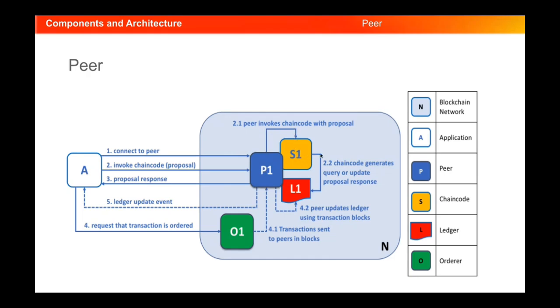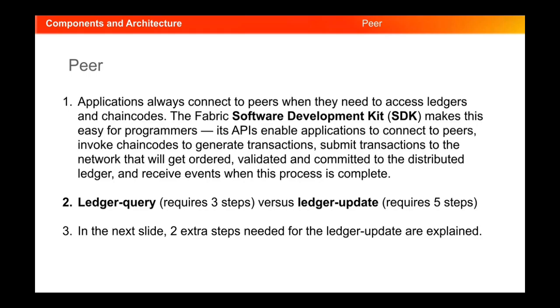Next, the chain code generates the query. Then, if it is a query, the proposal response is sent back to the application. So this is the 3-step workflow that you follow in case of a ledger query.